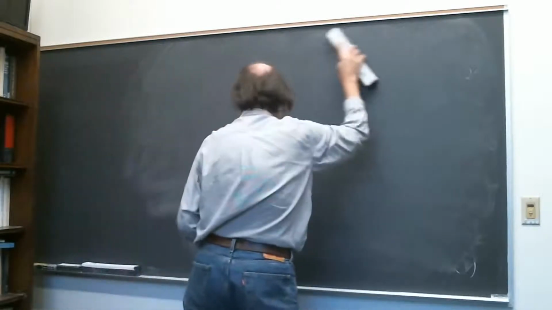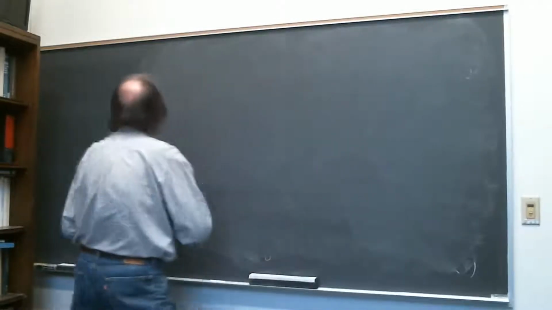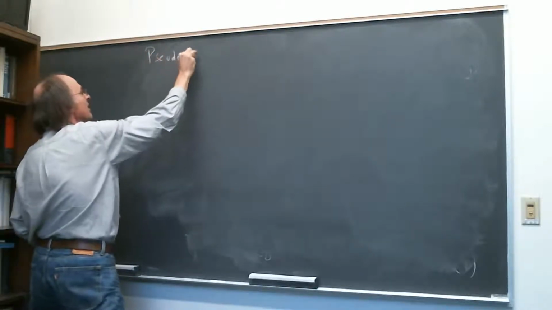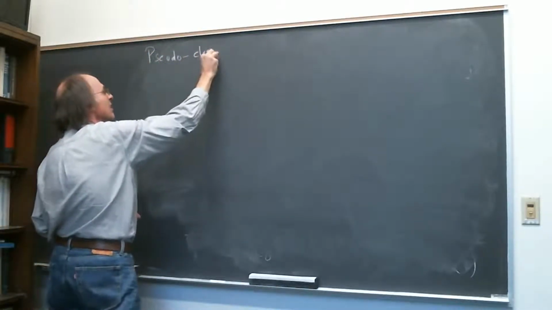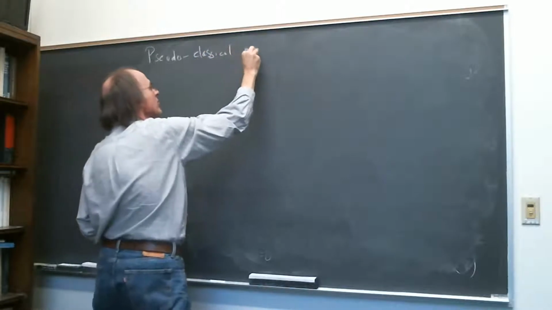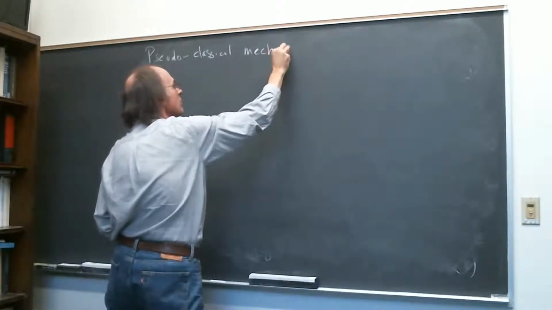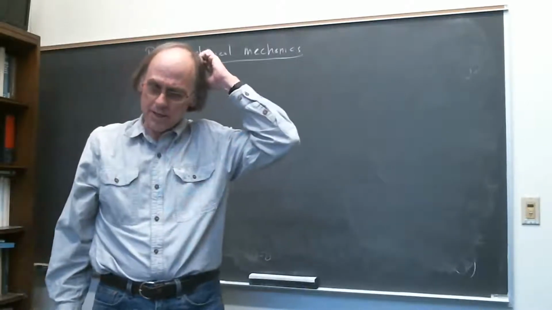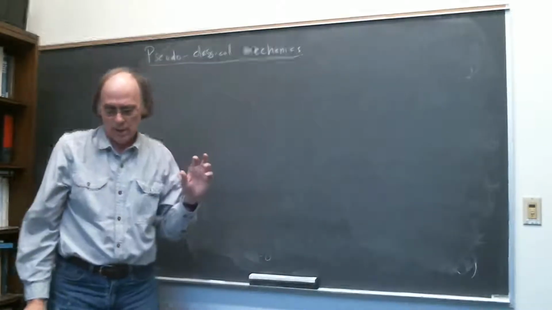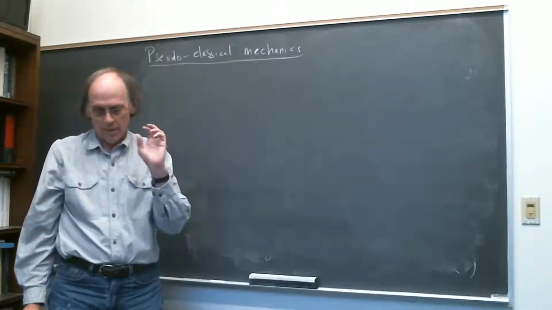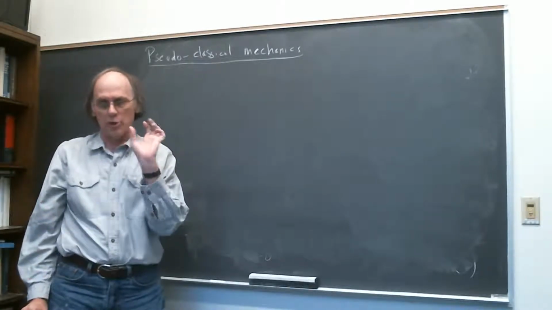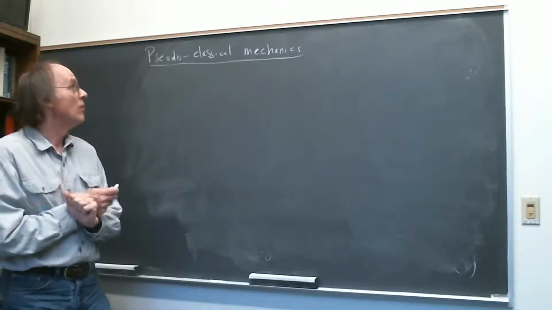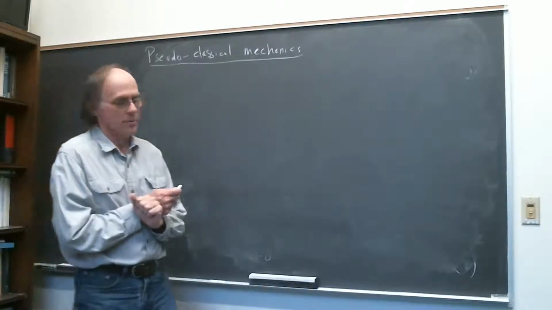And this is what's sometimes called pseudo-classical mechanics. What this is going to be is we're going to try and redo the story of phase space and polynomial functions on it and their Poisson bracket, but we're going to replace the Poisson bracket.